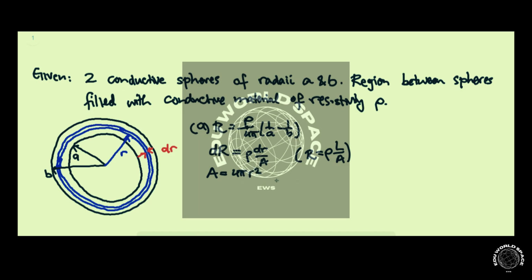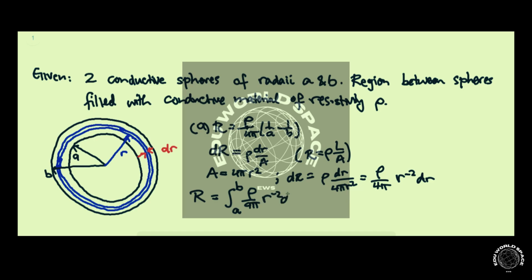So dR is then ρ dr over 4π r squared, or I can rewrite that as ρ over 4π r to the minus 2 dr. Then when I take the integral, the resistance is equal to, starting at A and going to B, ρ over 4π r to the minus 2 dr.